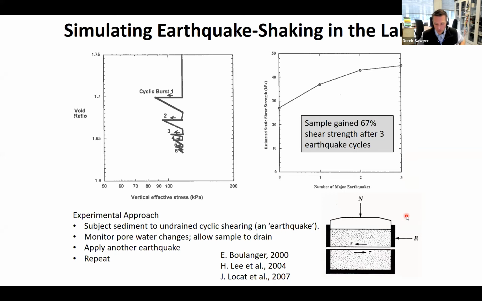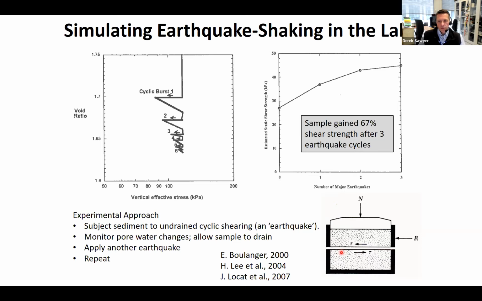And then the USGS started to play around with, okay, can we actually do earthquake shaking in the laboratory on natural sediments, marine sediments? And I just want to show you one example of this. It's kind of a cool experiment. So what they're doing is they're taking basically a standard hockey puck sediment sample or specimen in a ring, on the order of a few centimeters in diameter and a centimeter or two thickness, so small scale.